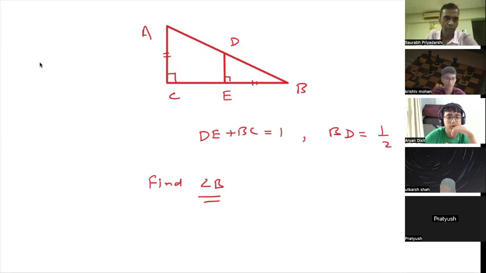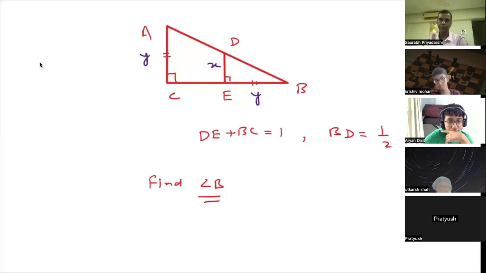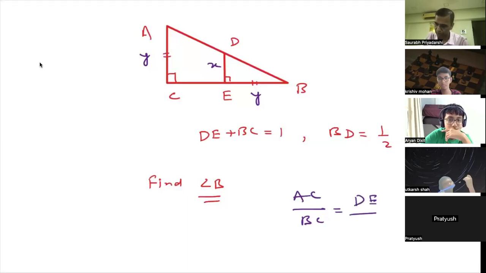So can we start? See, this is a right angle, this is given. Let this be x, and let this be y, and so this will be y. In this triangle, directly we can see AC upon BC in triangle ABC is the same as DE upon BE.